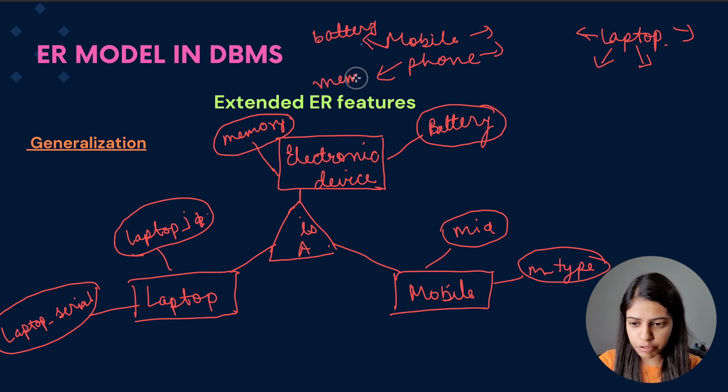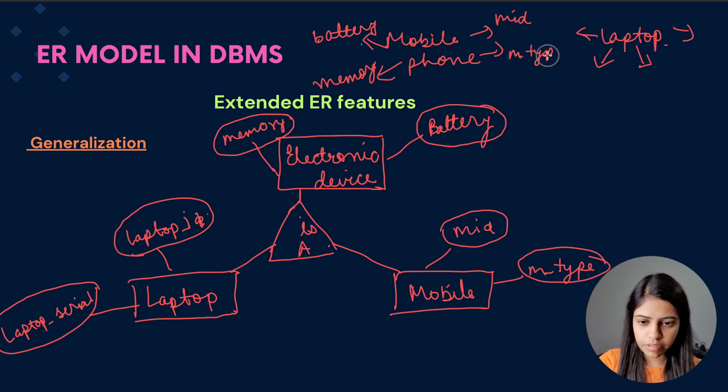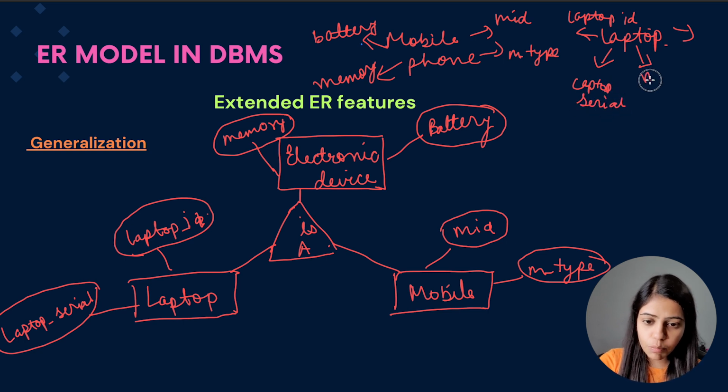Mobile phone may have memory, then it may have mobile ID and mobile type. In a similar fashion, laptop may have laptop ID, laptop serial number. Again, laptop would also have attributes such as memory and battery.